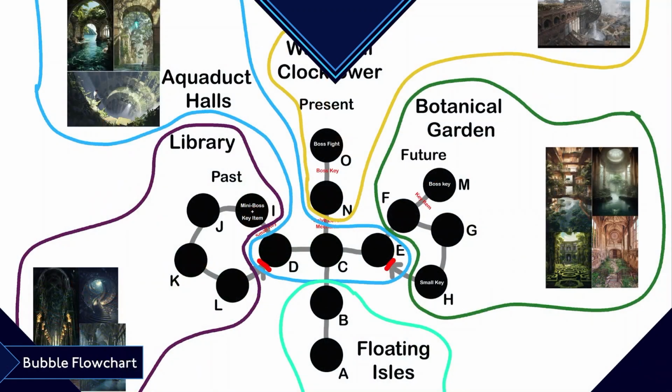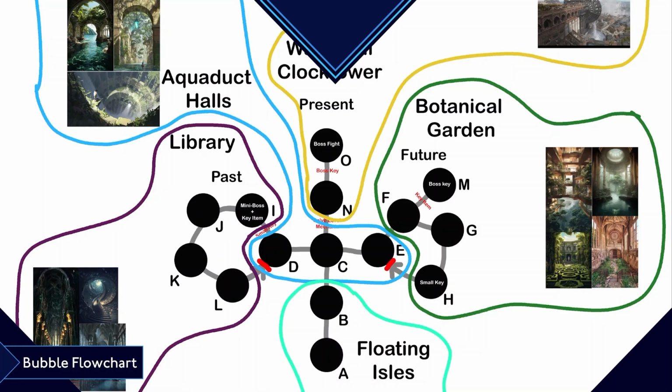So one thing that can help, especially if you have a very big level with many, many rooms, is this image from when I was working on making my own Zelda dungeon. I never finished it. Zelda dungeons have many rooms, and the rooms can be grouped into themes. So I wanted to make a little bubble flow chart to tell myself how these rooms connect.